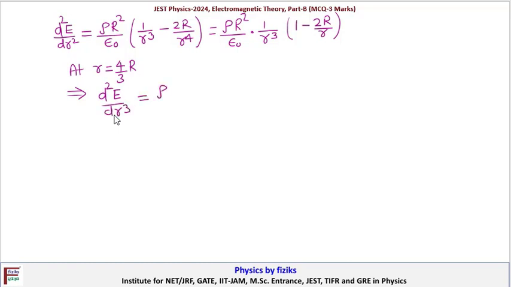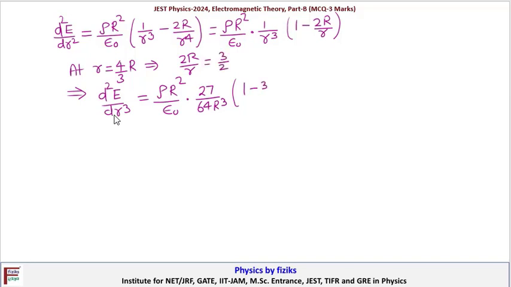This is rho R square by epsilon naught, and 1 by r cube will give you 27 by 64 R cube, and 1 minus 2R by r, which from this equation is 3 by 2.